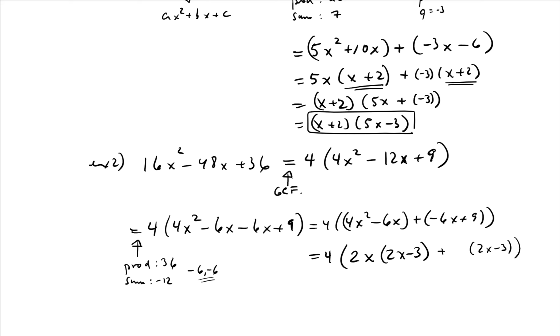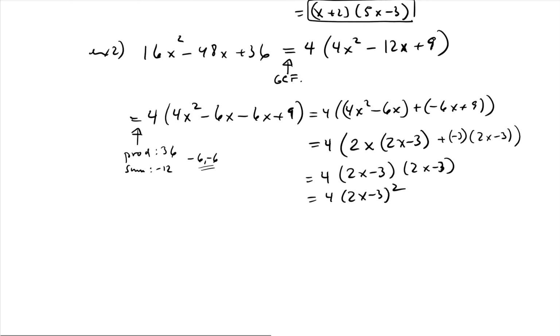I need to factor minus 3 to accomplish this. Yeah, that works. So it's going to be 4 times 2x minus 3 times 2x minus 3. So you see I have a factor of 2x minus 3 that's common in my factorization. So it's 2x minus 3 squared.